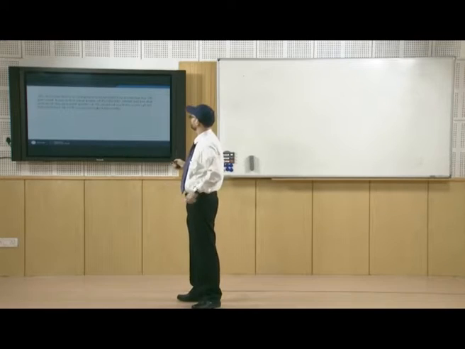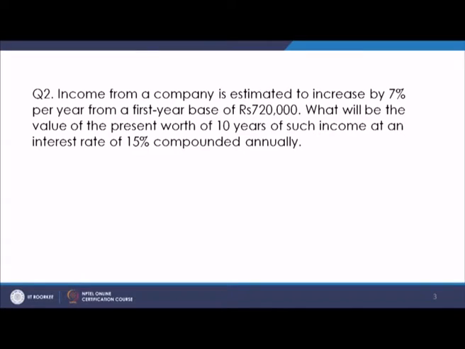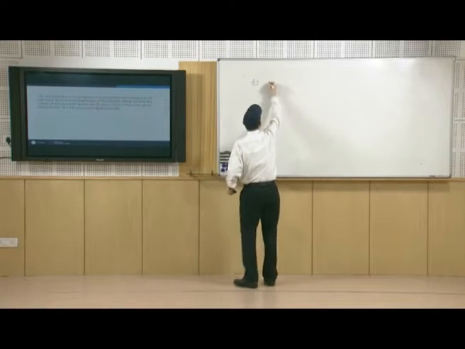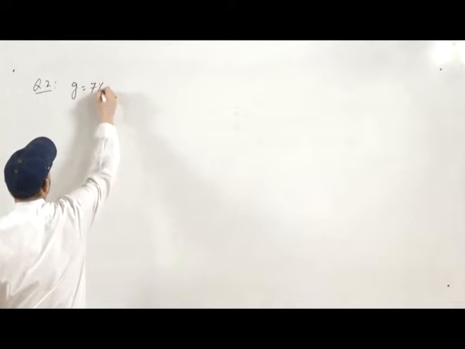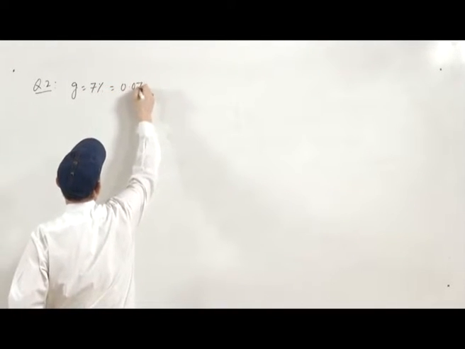What is there in this question? Income from a company is estimated to increase by 7% per year from a first year base of rupees 720,000. So, the income is increasing every year 7% from this base. It means in this problem it is given that G is 7%, that is 0.07.